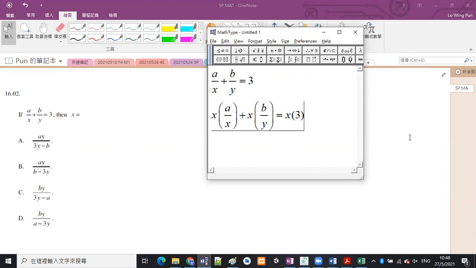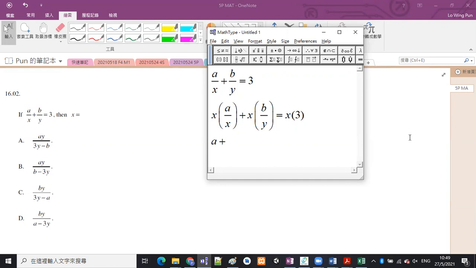For the first term, first multiplication, this x and the denominator x will be cancelled by each other. So what's remaining for the first term is just a. And then for the second term, the x has no common factor to be cancelled.